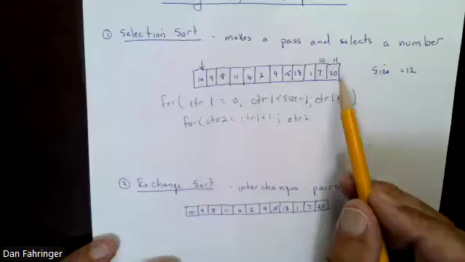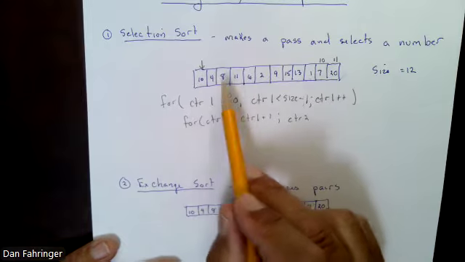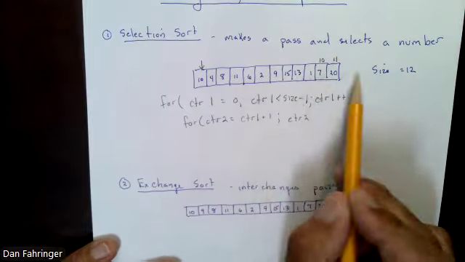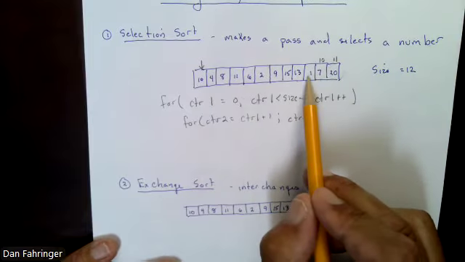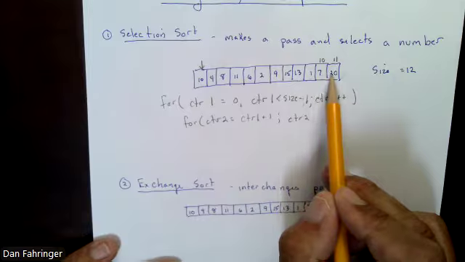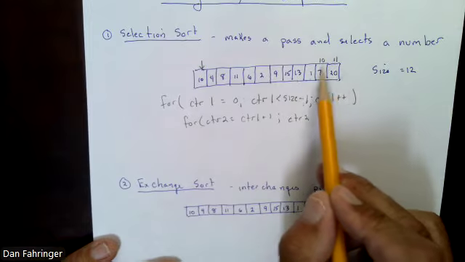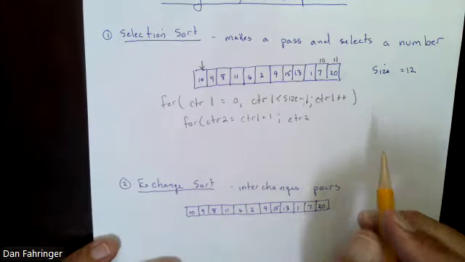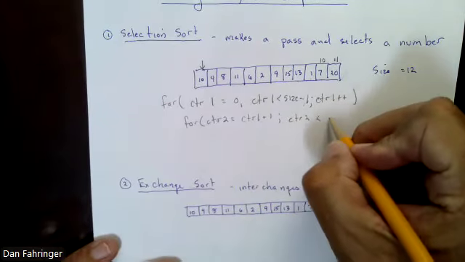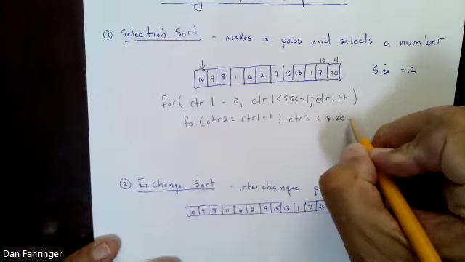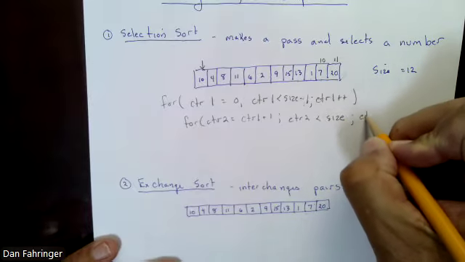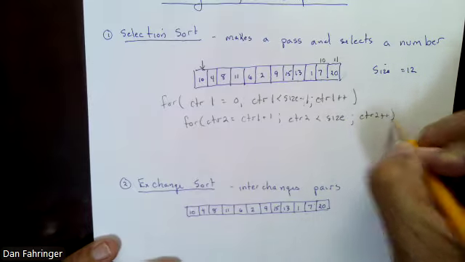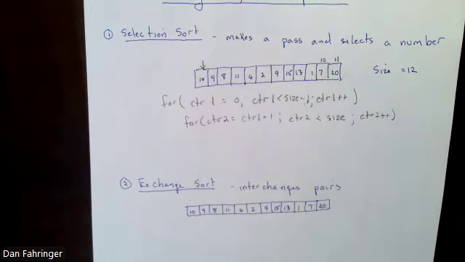Will I ever get to that 11th one? Because I'm going to do this first one with the rest, 9 with the rest, 13 with the rest, 1 with the rest, 7 with the rest, so that it would just take a look at those two. So I need that 11th spot. So can I just say less than size? Yeah, good idea.